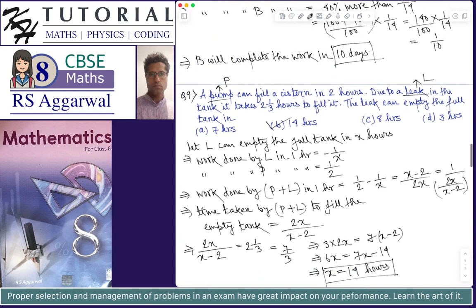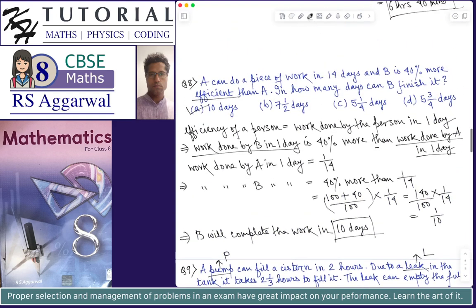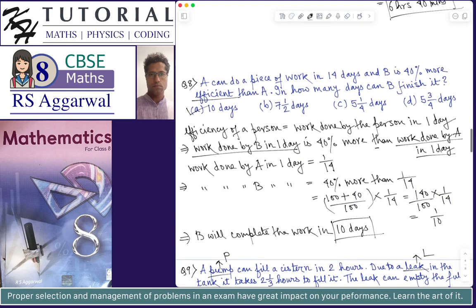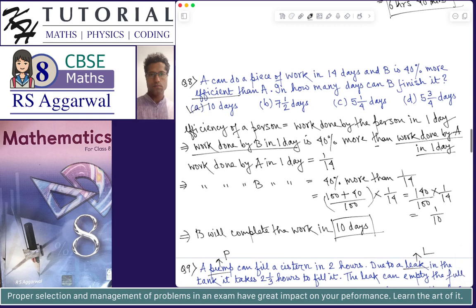Question number 9 was a little conceptual, and question number 8 was conceptual regarding the fact that B is 40% more efficient than A. Efficiency in men and work always means the work done per day.